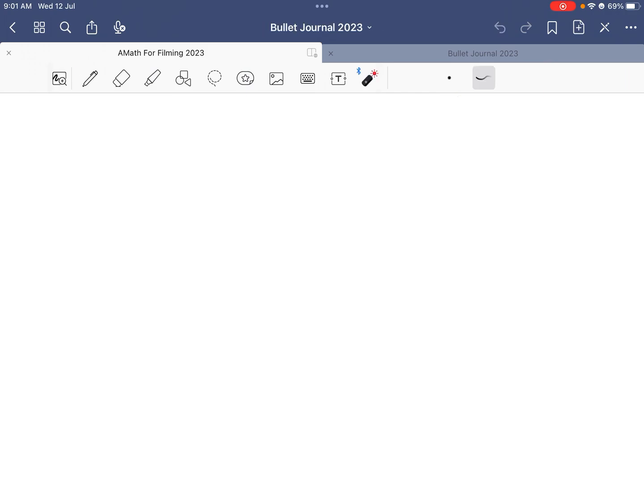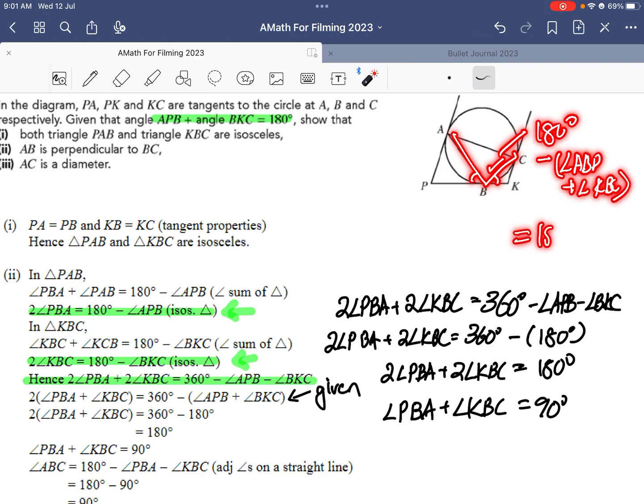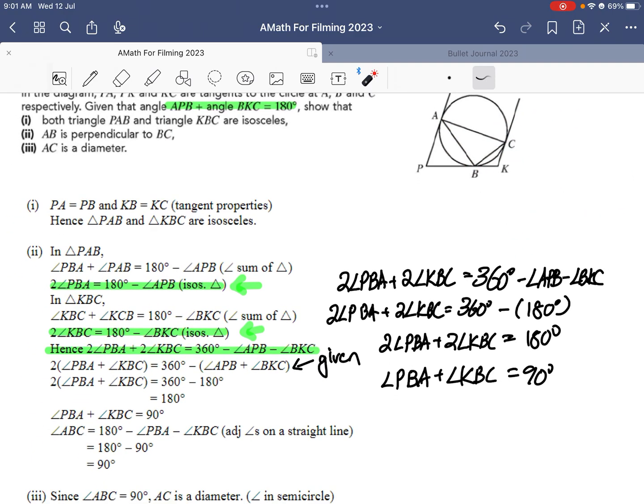So, if this angle plus this angle is equals to 90 degrees, to find angle ABC, what I do is I take 180 degrees minus angle of APB plus angle of KBC, which is actually equals to 180 minus 90, I get 90 degrees. So in the working there, I have written it down. 180 minus 90, my angle of ABC is 90 degrees. So I've proven that it's 90.